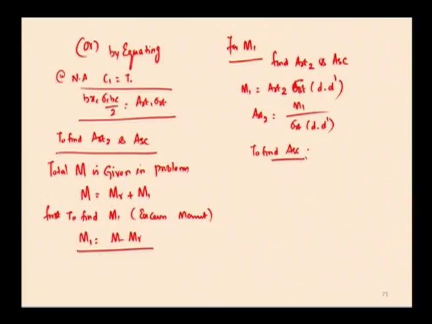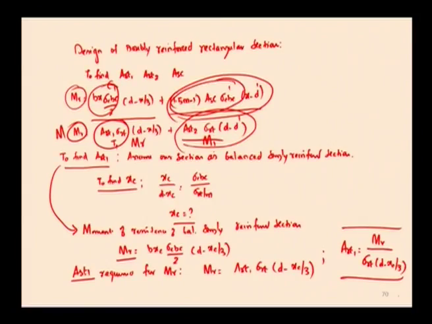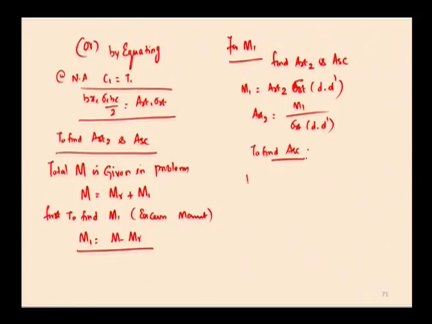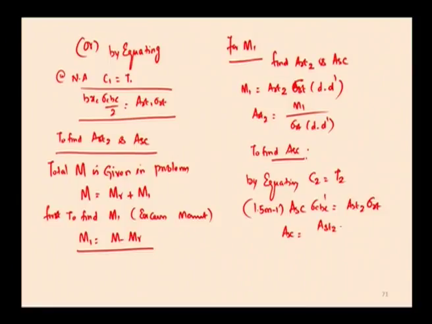Now, to find ASC, by equating C2 and T2, that is 1.5 M minus 1 into ASC into sigma CBC dash, which is equal to AST2 into sigma ST. From that we can easily find out ASC: ASC is equal to AST2 sigma ST divided by 1.5 M minus 1 into sigma CBC dash.